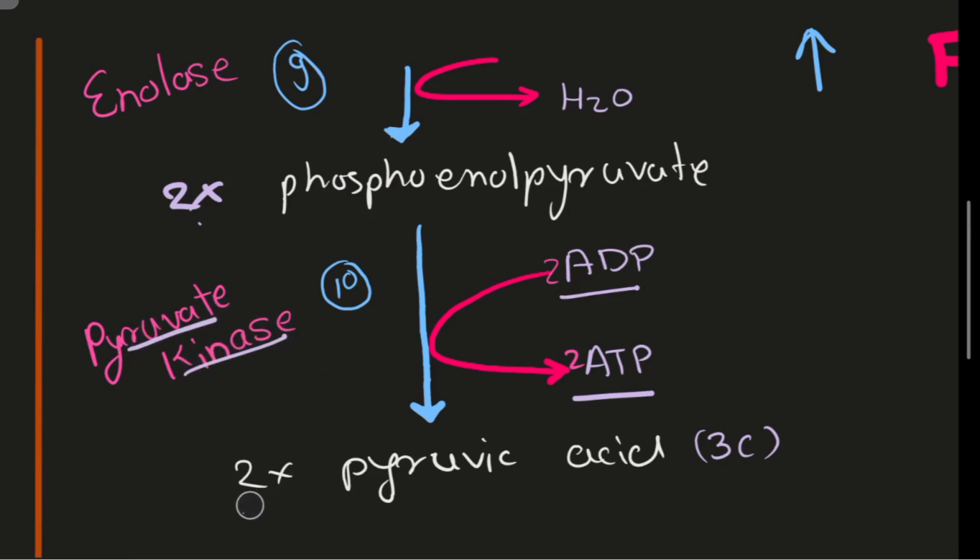We get 2 molecules of pyruvic acid, which is a 3 carbon compound.